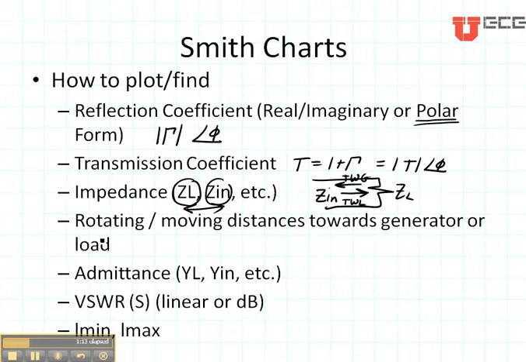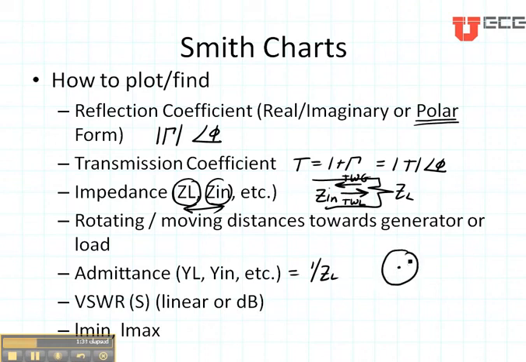That's what rotating or moving distances towards the generator or the load means. Always draw your picture so that you can see an arrow that really reminds you which direction you need to be moving.